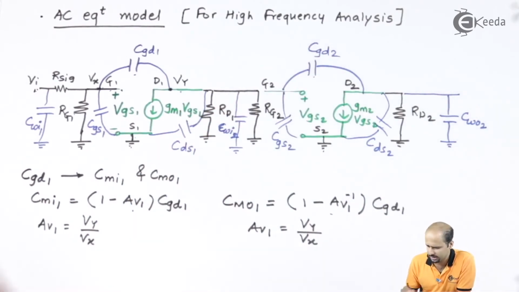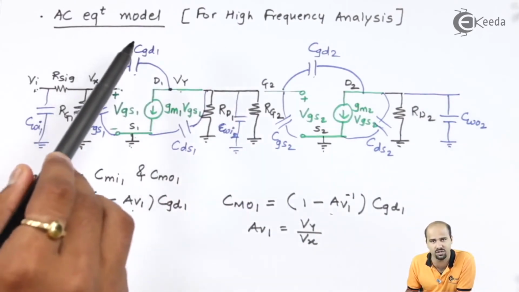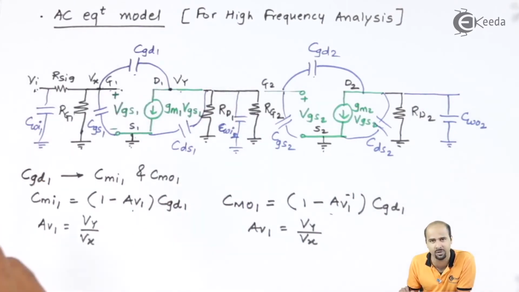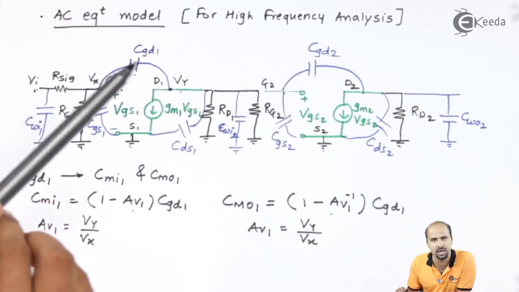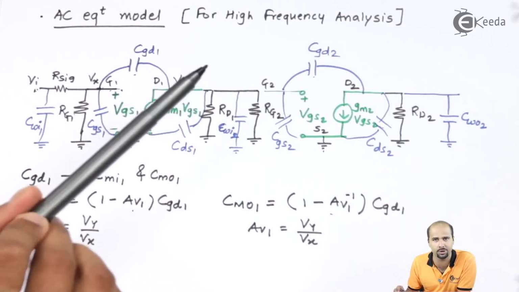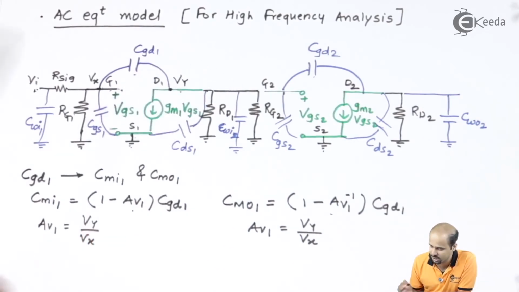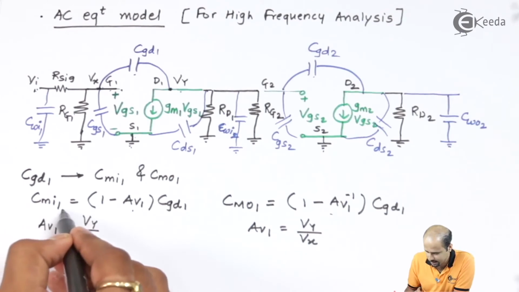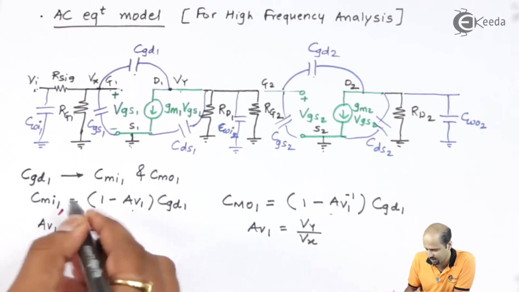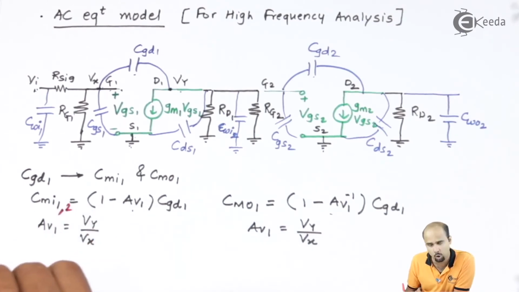Yes, why not? CGD1 is the same as CGD2. The connection of CGD1 is between gate 1 and drain 1, and CGD2 is placed between G2 and D2. Here also I can use Miller's theorem, but instead of AV1 I can use AV2. I'll make some changes: instead of CMI1 I will say CMI2.